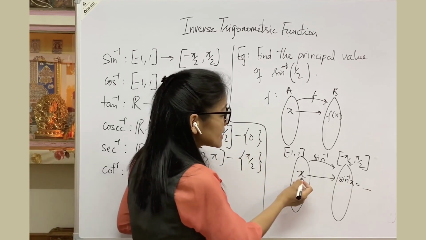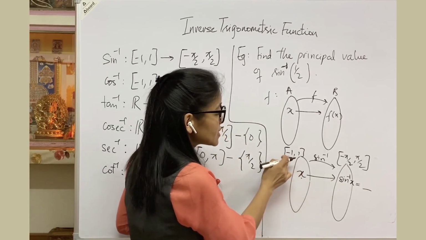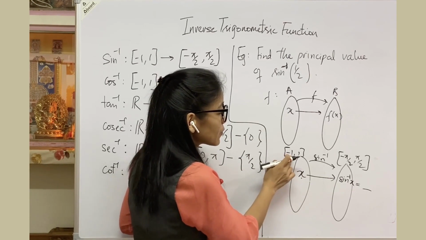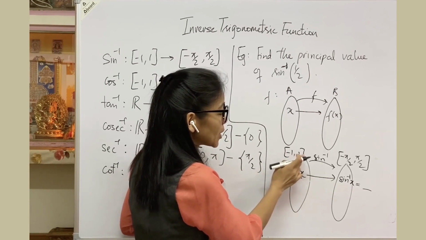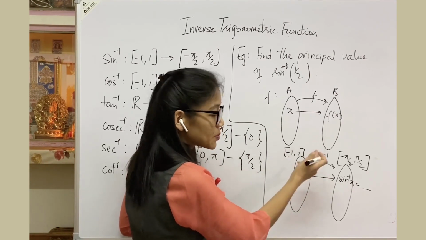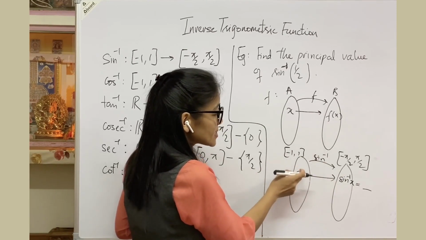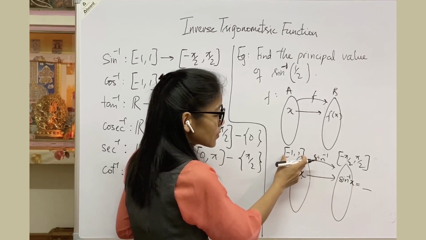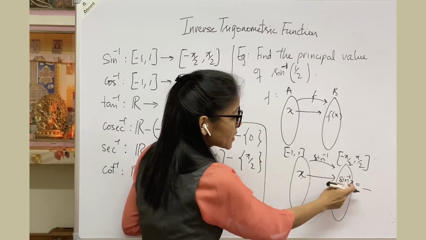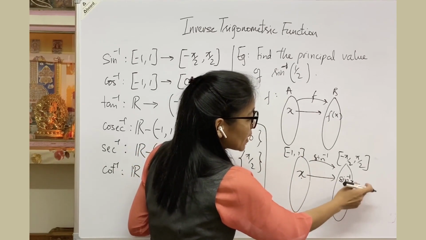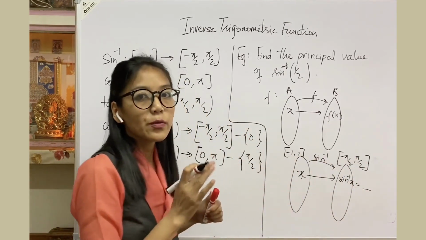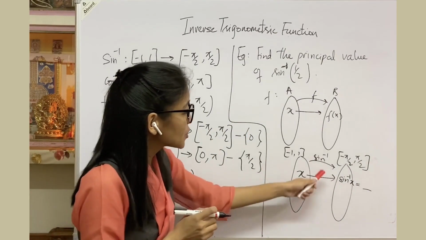And this x has to come from the closed interval -1 to 1. You cannot take x outside this interval. For such x you will get a value that always lies within the principal branch.